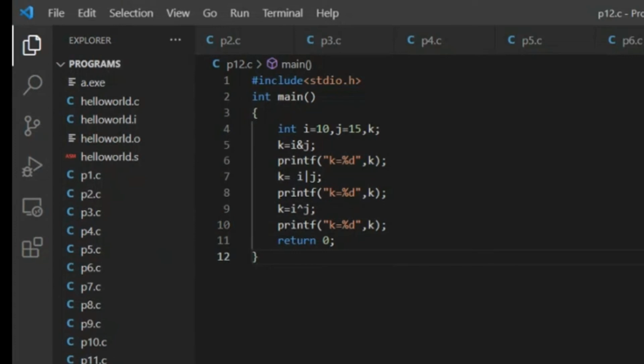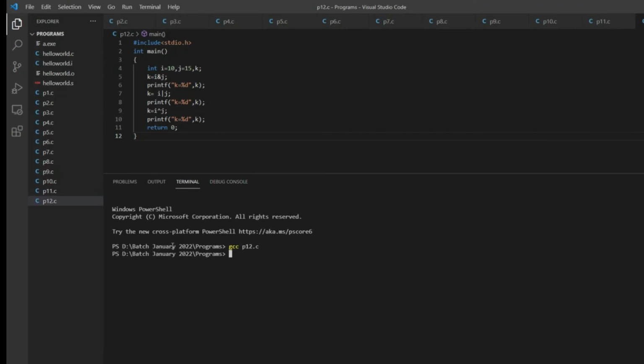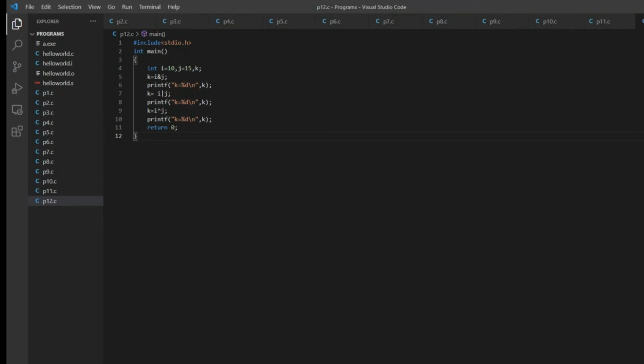Okay, so I will run this code. As we have already seen, the expected output is I and j: 10, 15 and 5.